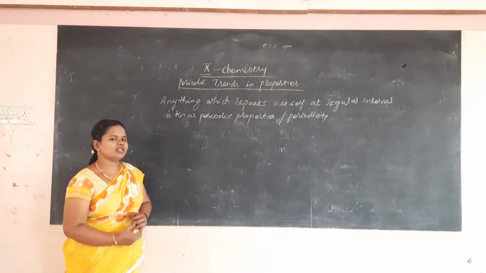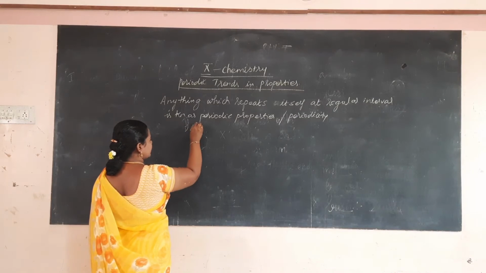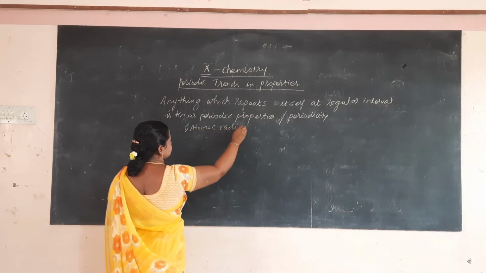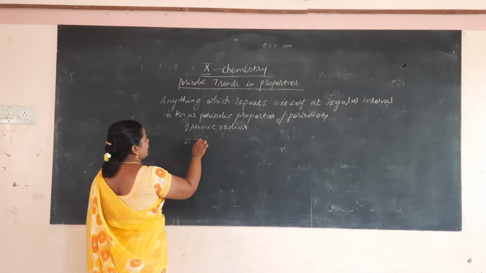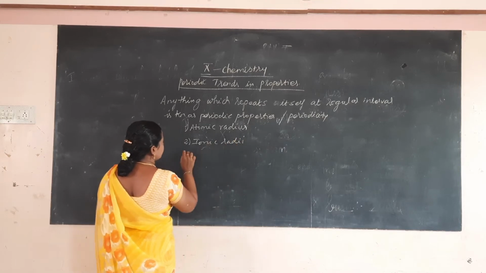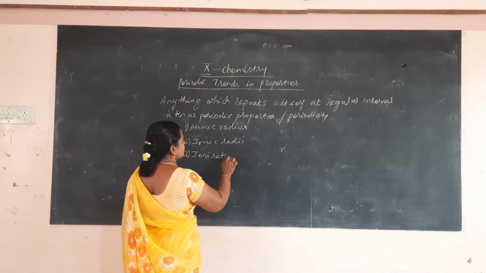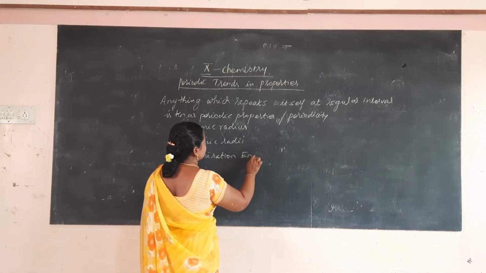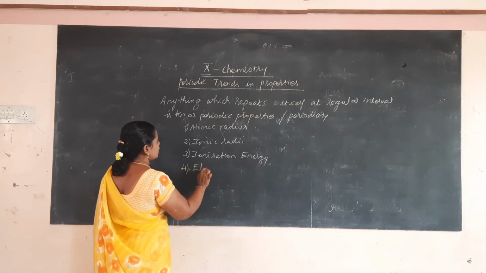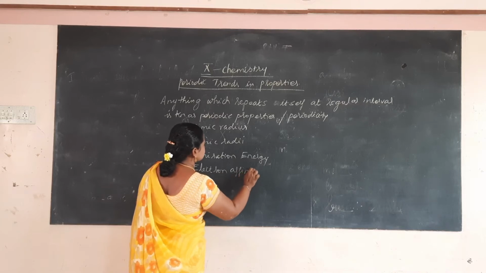Now, what are the periodic properties we are going to learn today? Atomic radius, ionic radii, ionization energy, then electron affinity and electronegativity.